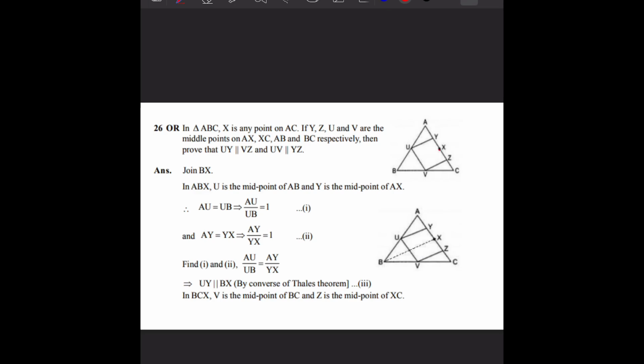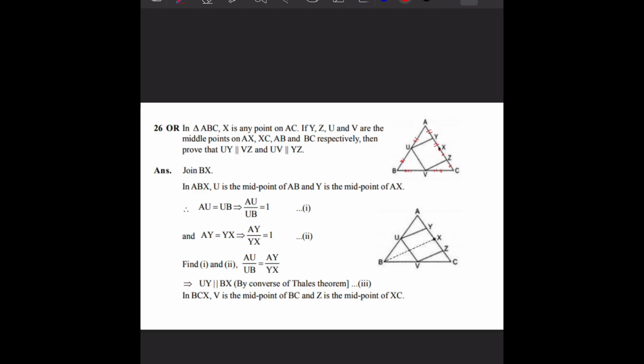If Y, Z, U, and V are the midpoints of AX, XC, AB and BC respectively: Y is the midpoint of AX, so this is equal to this. Z is the midpoint of XC, so this is equal to this. And U is the midpoint of AB, this is equal to this. And the midpoint of BC we will call V. So BV is equal to VC.